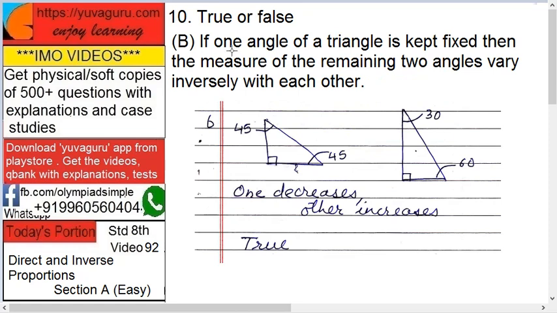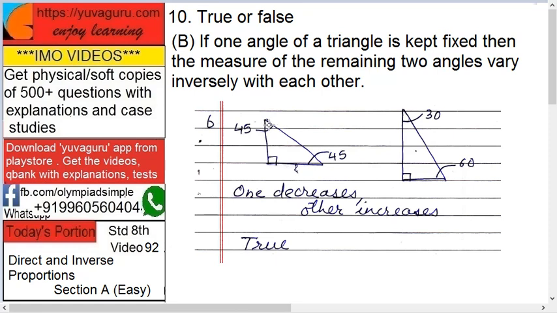Next, if one angle of a triangle is kept fixed, then the measure of the remaining two angles vary inversely with each other. Okay, let's assume this is a triangle and we are keeping one angle as 90 degrees fixed.